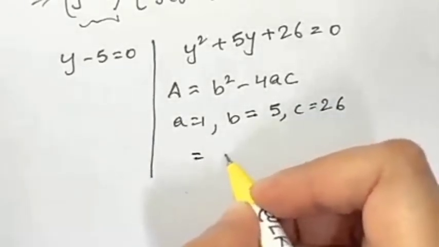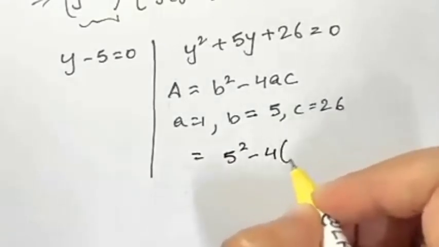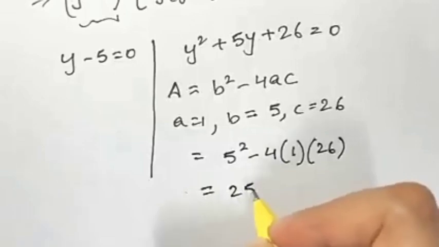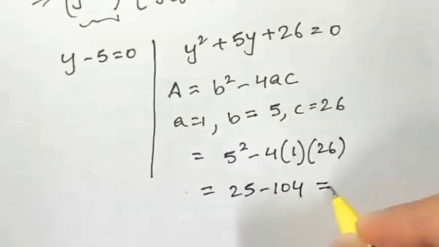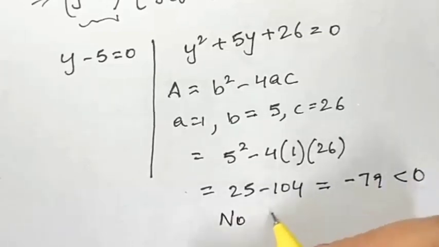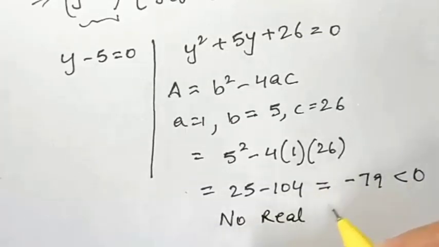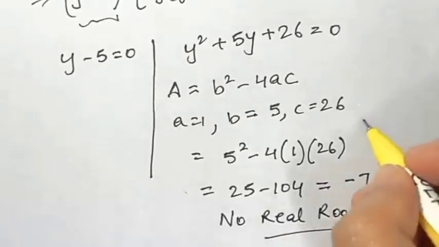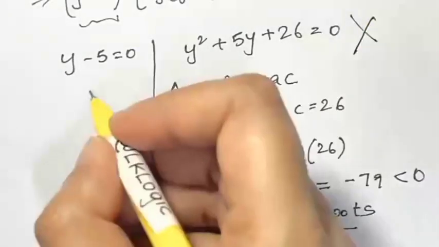That's 5 squared minus 4 into 1 into 26. So 25 minus 104, that gives minus 79, which is less than 0. So you don't have real solutions. No real roots for this one. So let's cancel it out. We don't want this.